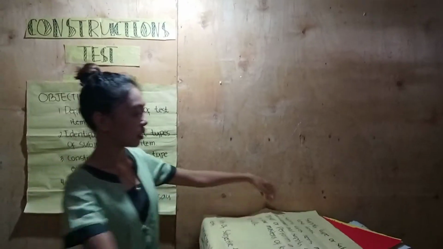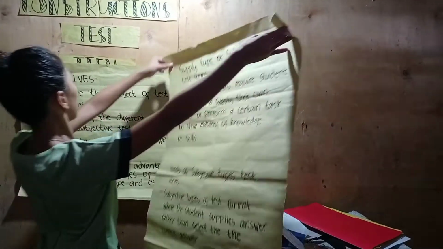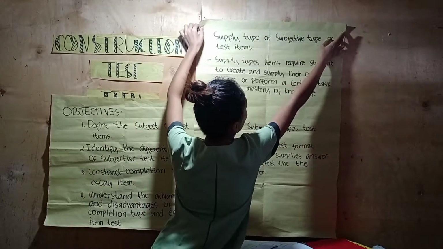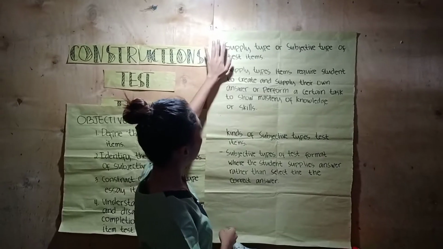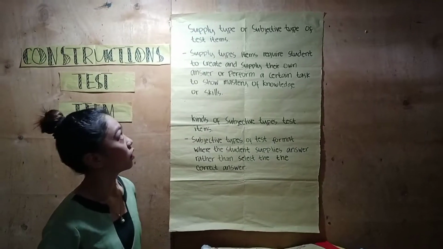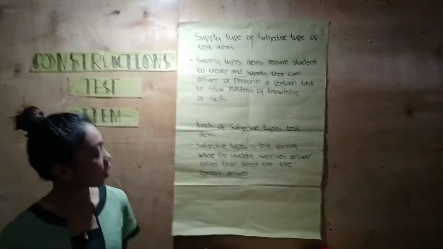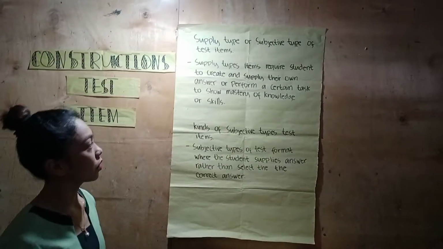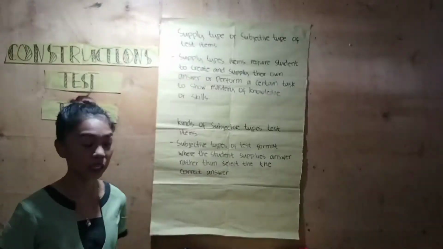So now, let's define what the subjective test item is. Supply type or subjective types of test items require students to create and supply their own answer or perform a certain task to show mastery of knowledge or skills.